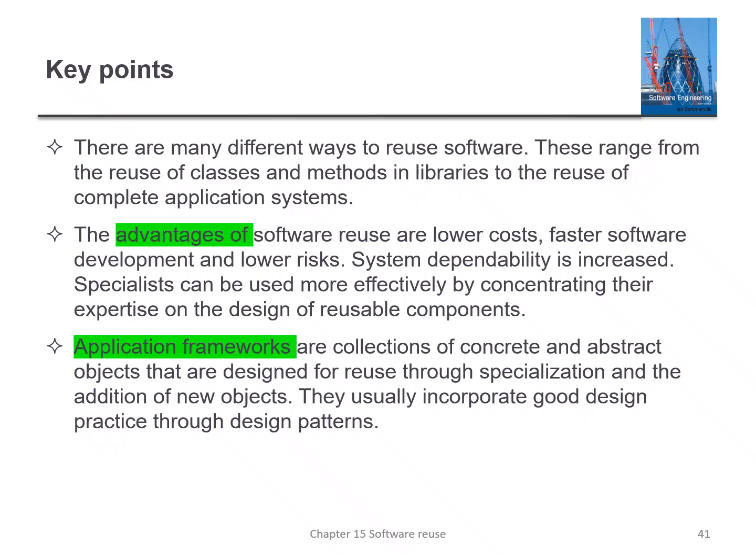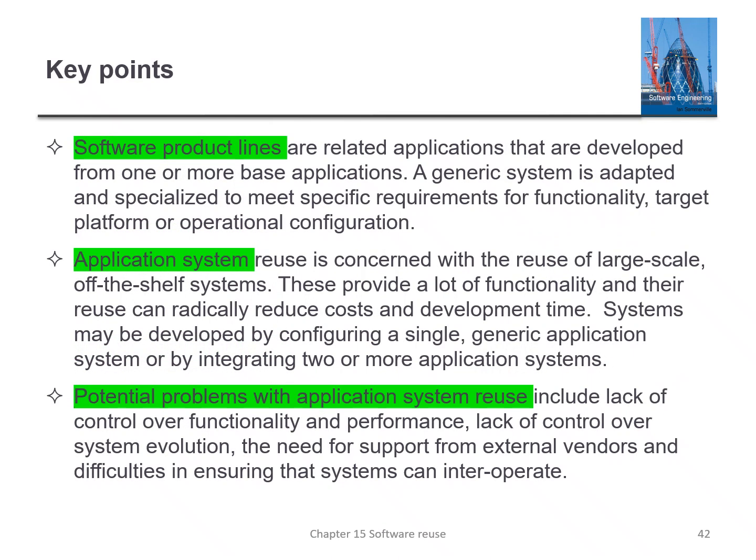Then you come across software product lines, which are basically related to applications that have been developed from one or more base applications. A generic system is adapted and specialized to meet specific requirements for functionality, target platform and operational configuration.